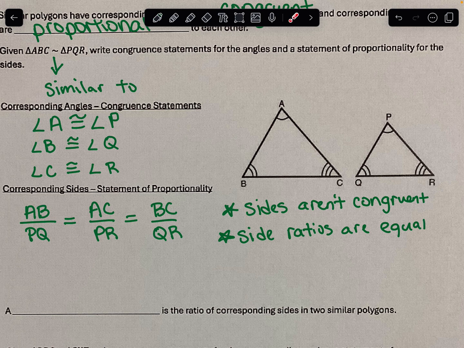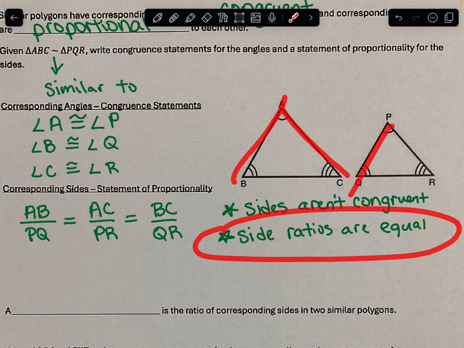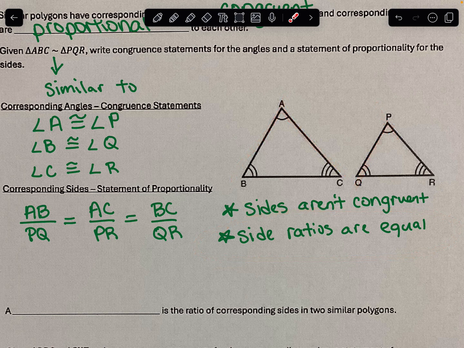So that's the first thing that we need to understand about this: the length of AB is not the same as the length of PQ. We understand that, right? Which you can tell from looking at the picture, okay? The lengths are not the same, but the ratio of the sides are all going to be equal to each other, okay? So we can use those things to help us solve for missing sides, things like that.